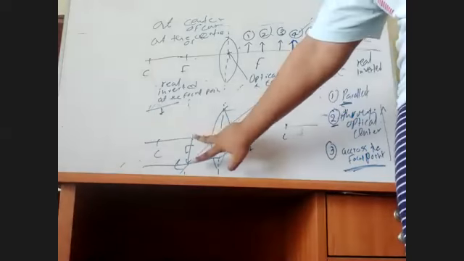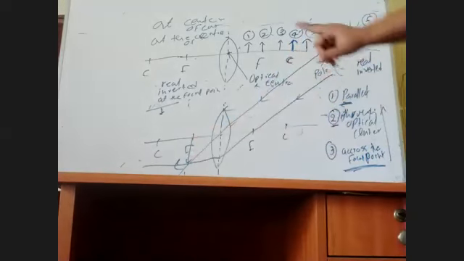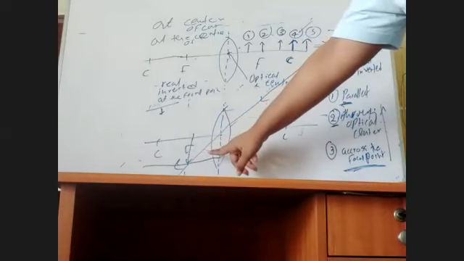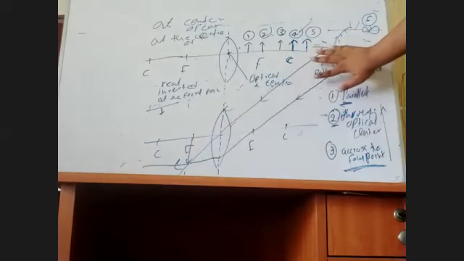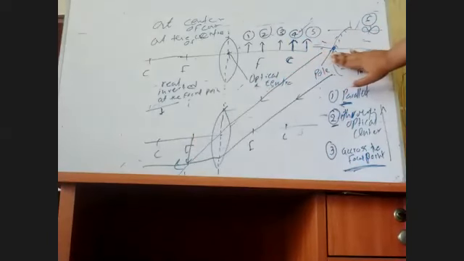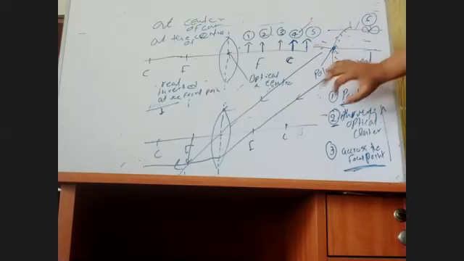Now you can determine the size of the object. But when compared to the size of the image, it is very, very small. According to this ray diagram, this object must be larger than 5 or 6 meters, very large, because these two will meet at a point where the height is 5, 6 or 10 meters.